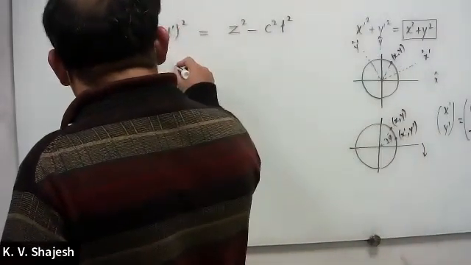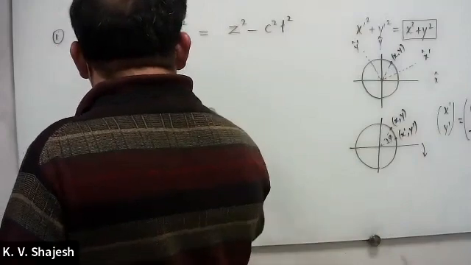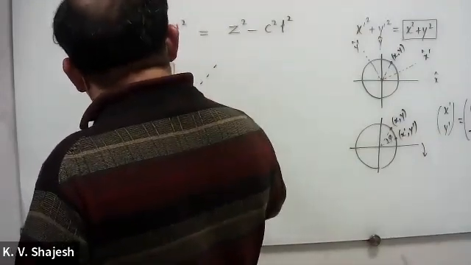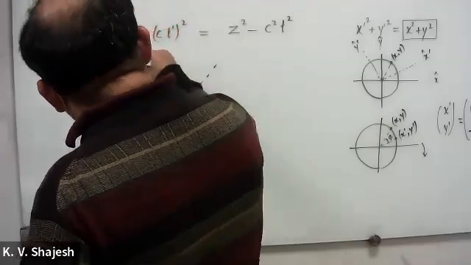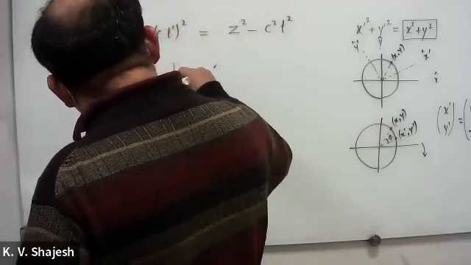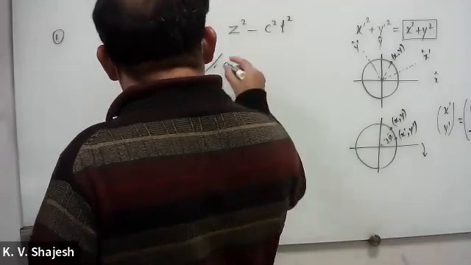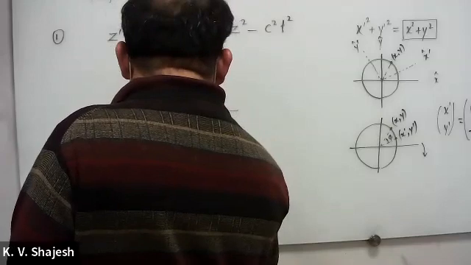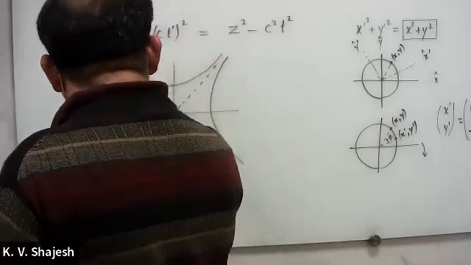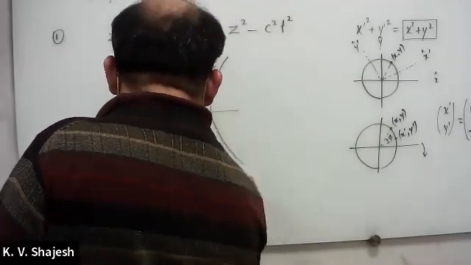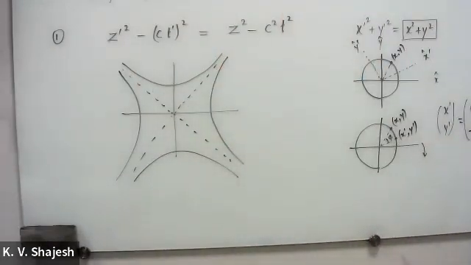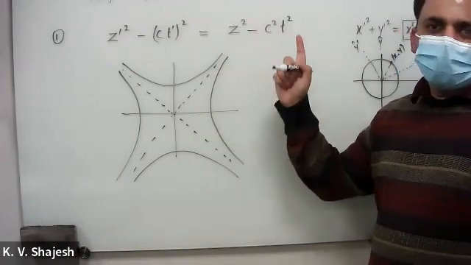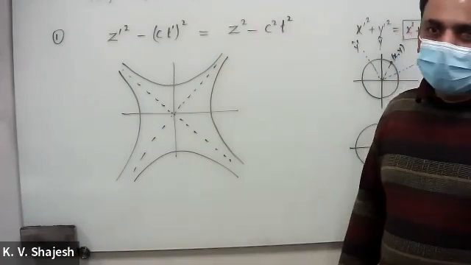Now I do the same thing here, and I realize that this is nothing but an equation of a hyperbola like this. It can be any of these hyperbolas. Any of these 4 hyperbolas will have this quantity fixed, a constant.